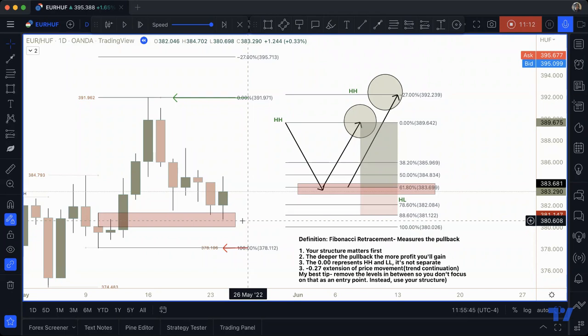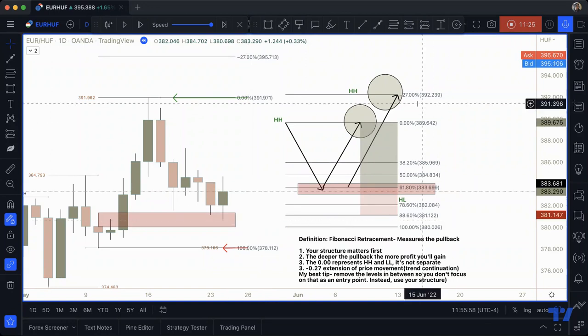Once I understand if I have a one-to-one, if I have more than a one-to-one, great. I can still use the Fibonacci tool to give me an extra entry to my extended target. Because if you ever use a Fibonacci expansion or extension tool, it has the negative 27 on there. I just took that and placed it on my Fibonacci retracement tool. It is literally the same measurement.